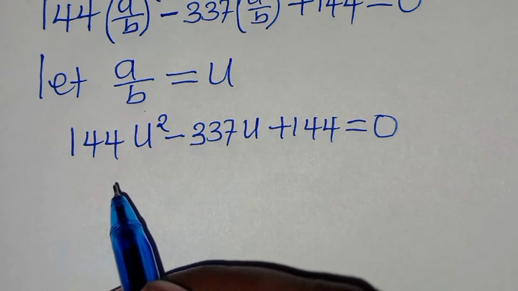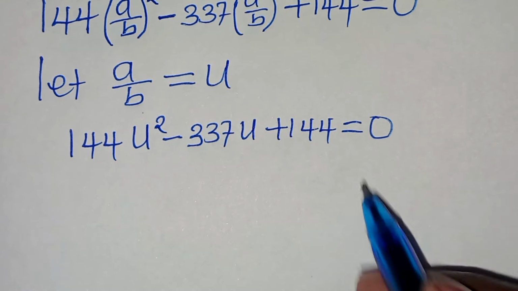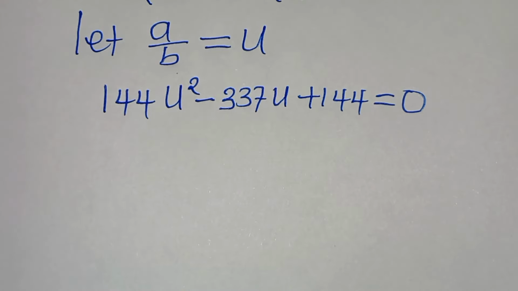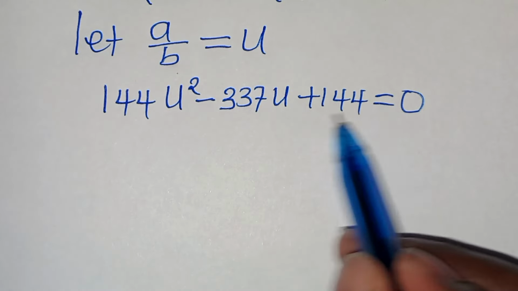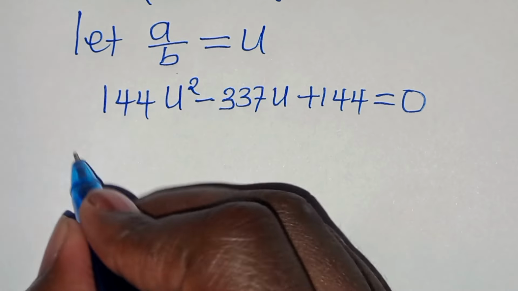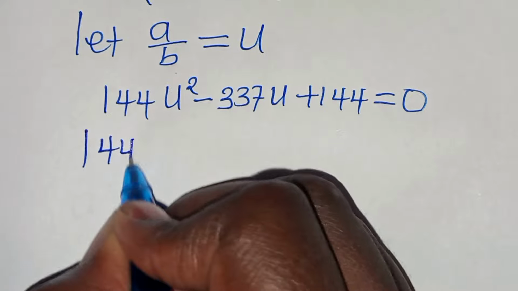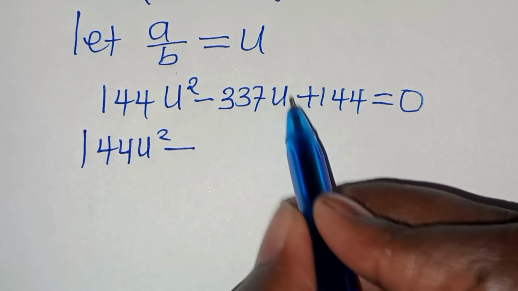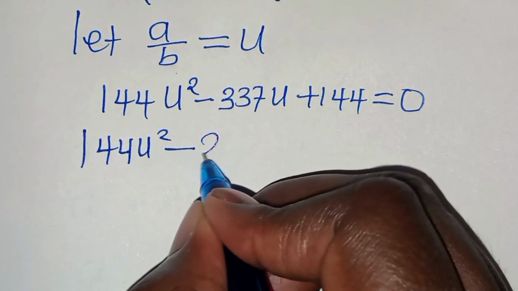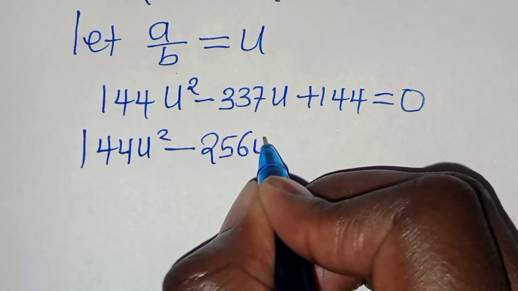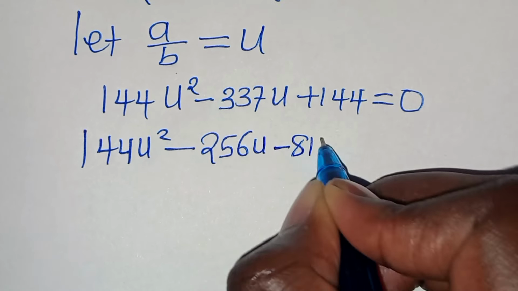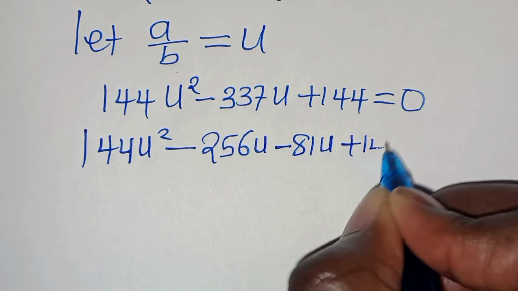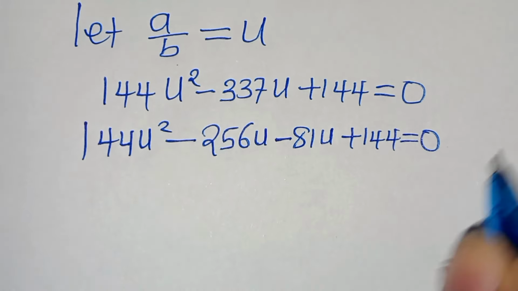Now, here we form a quadratic equation. We can solve this by factorization method. We have 144 u squared minus 337u. This can be expressed as minus 256u, subtract 81u plus 144. This is equal to 0.